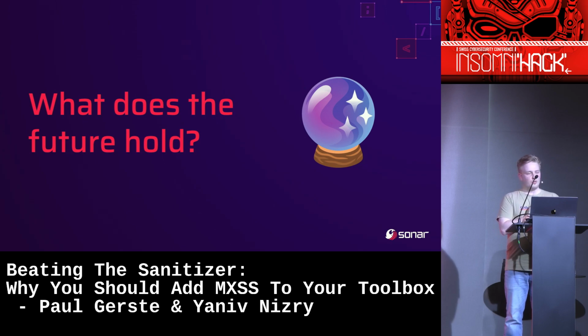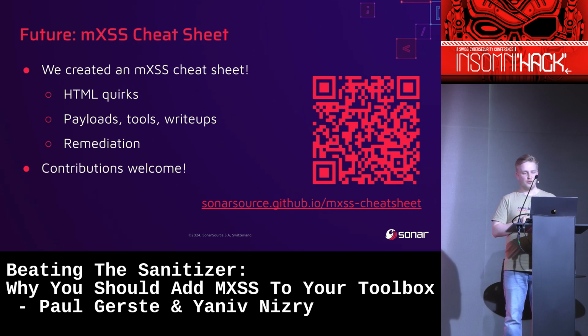Okay, now that we know not everything is doomed, maybe we can see what the future will hold for this topic of mXSS. The first thing is that we want to influence the future by creating an mXSS cheat sheet that we published. So if you're a researcher or you're just interested now in HTML parsing and mXSS, you can go here and read about all the HTML quirks that we collected there.